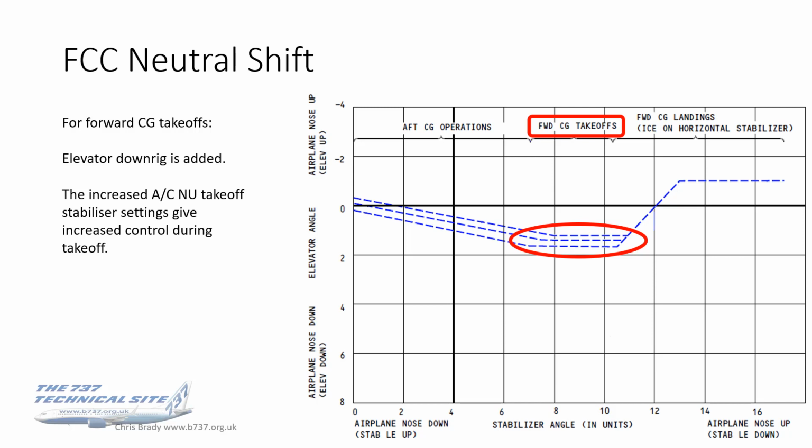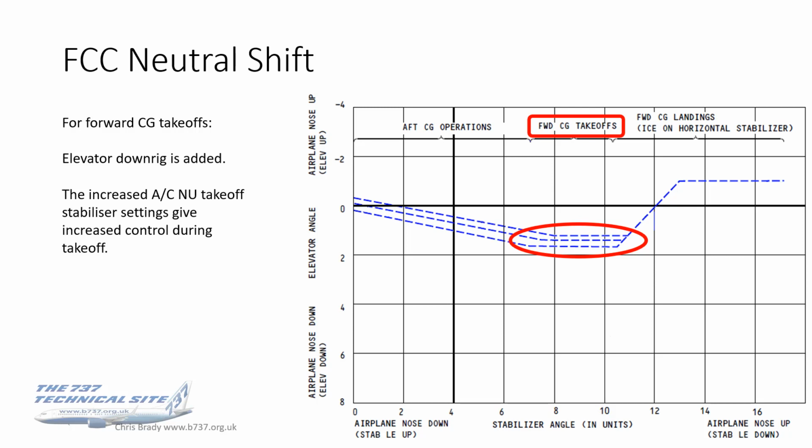Now, the increased aircraft nose-up takeoff stab settings will give increased control during the takeoff. So what you're getting here is increased control for having this extra downrig added. And the control is what they're anticipating that you will need during takeoff. So it's even more downrig than usual.